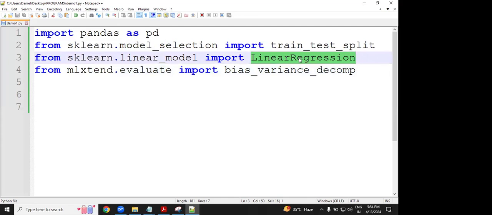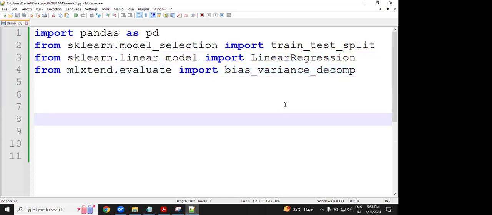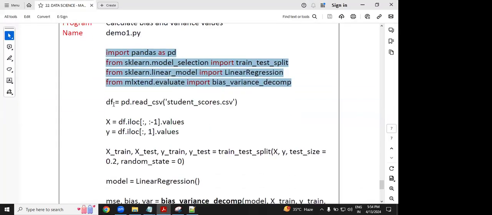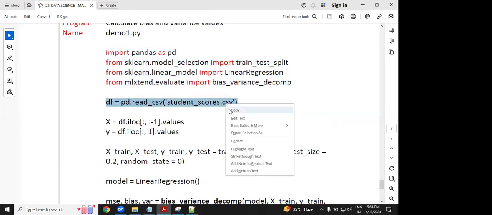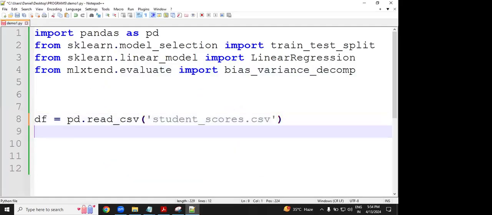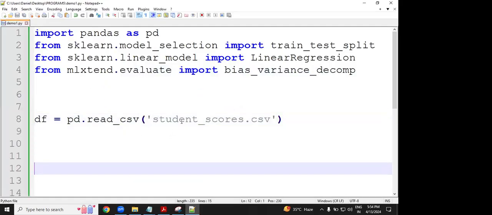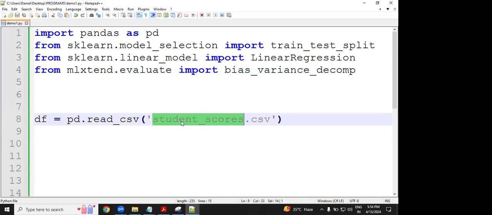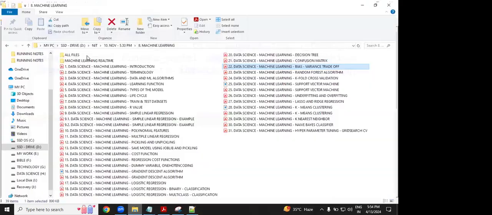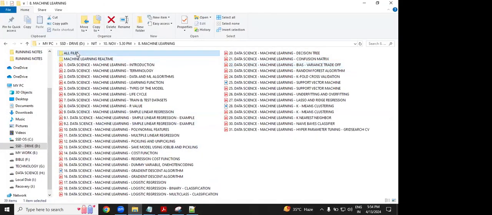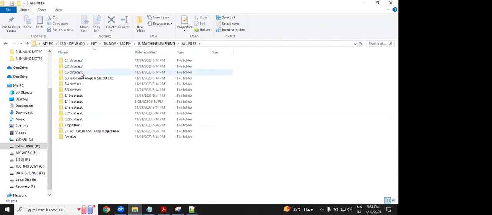Function. This one? Class. No doubt in that. Good. Let me just move on. Importing libraries is done. Loading the data set. This one is also student scores actually. Let us just try to pull the data set.